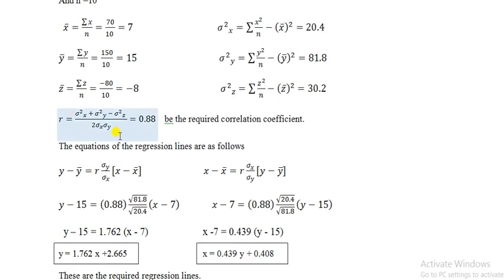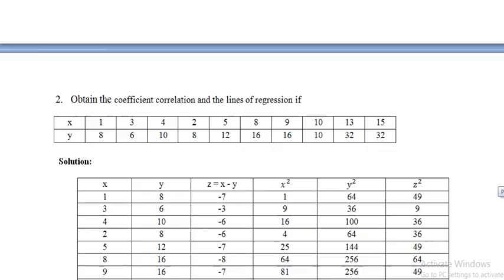We already calculated the r value as 0.88, and the regression lines as y equals 1.762x plus 2.665, and x equals 0.439y plus 0.40. So these are the required regression lines and the required correlation coefficient. So try this example yourself.